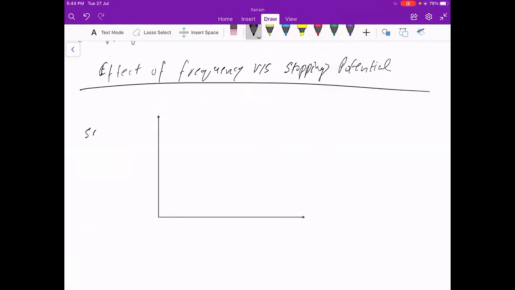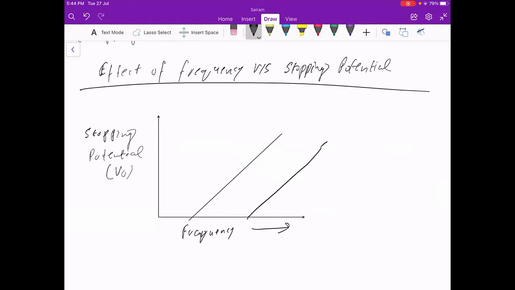If I write stopping potential on the y-axis and frequency on the x-axis, as the frequency increases, the stopping potential also increases. But if you have two different metals, you will have different stopping potentials and different graphs of stopping potential with frequency.